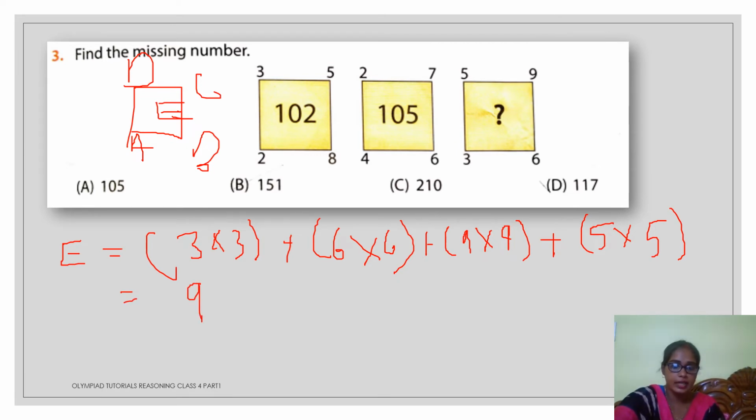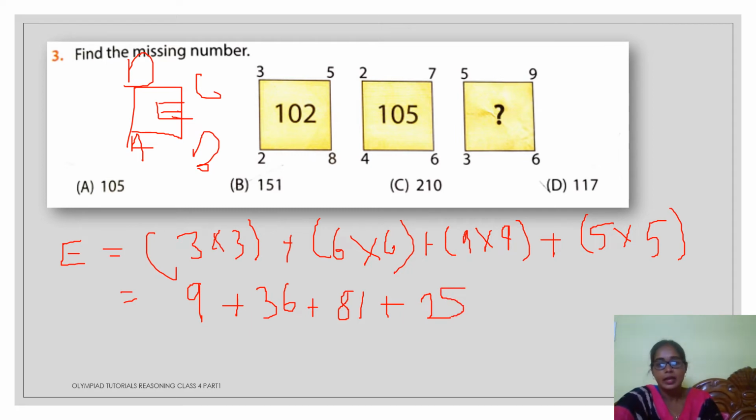Here you have 3 3s are 9, plus 6 6s are 36, plus 9 9s are 81, plus 5 5s are 25. When you add all these numbers, you are going to get the answer as 151. This is going to be your answer, 151.